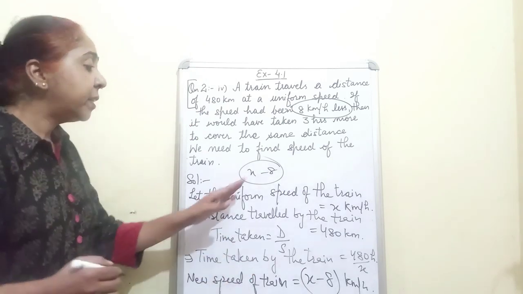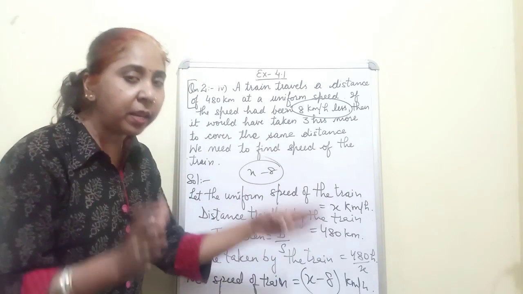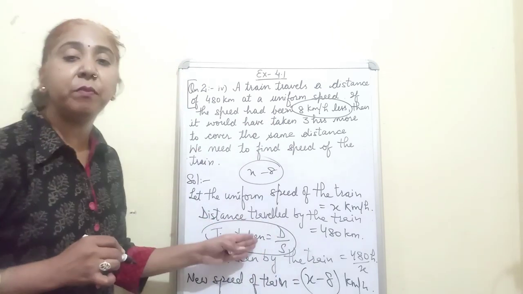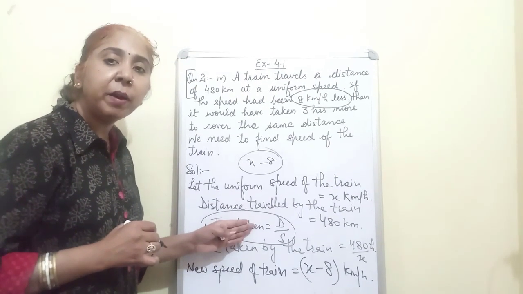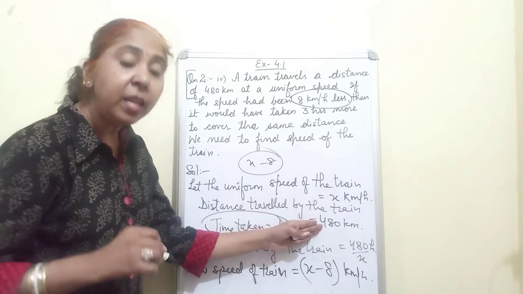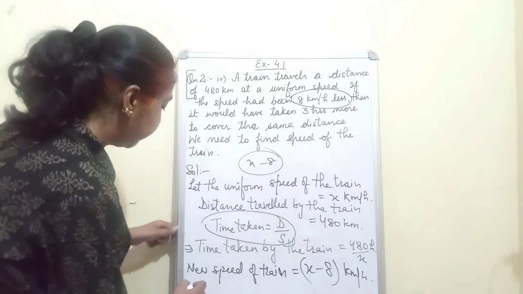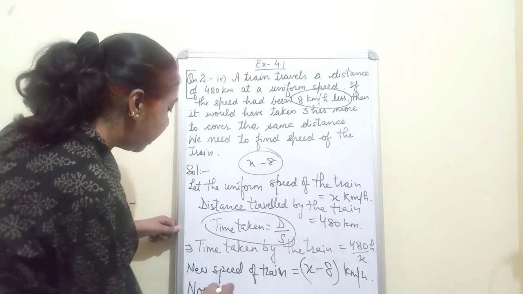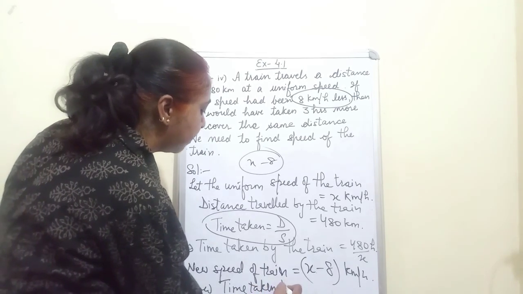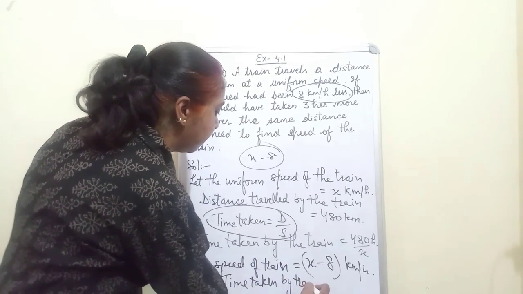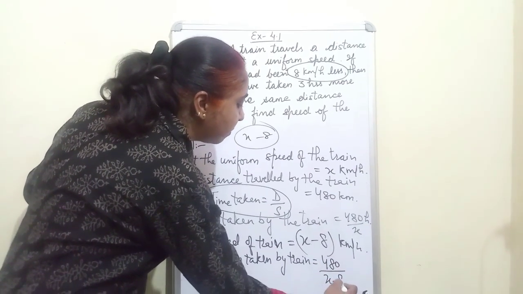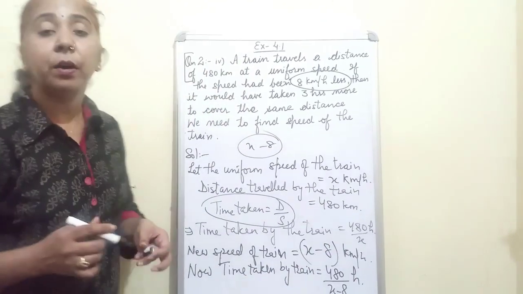Now the distance covered is still the same. So according to the formula, what will be the time taken by the train at this time? If the speed is x minus 8 and the distance is 480, the time taken is 480 by x minus 8 hours.